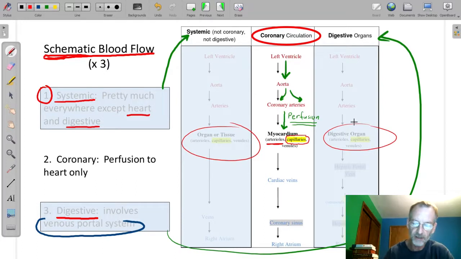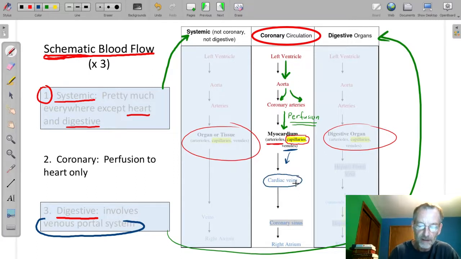So sticking with the coronary circulation, after the oxygenated blood perfuses the tissue at the capillaries, it drains out through the venules, and then those venules drain into larger and larger veins. And in the coronary circulation, they are called cardiac veins.